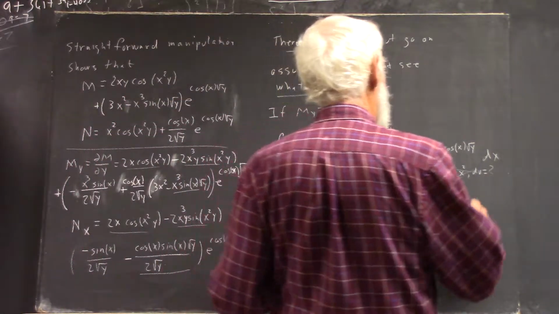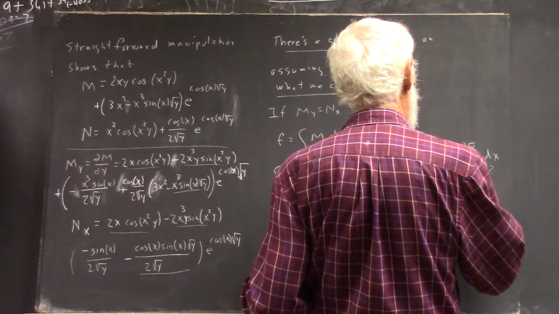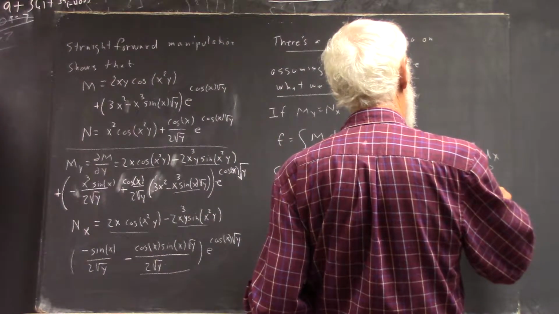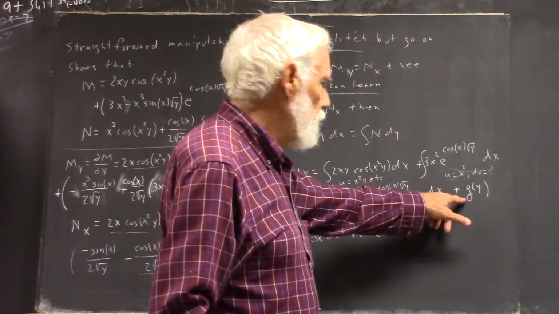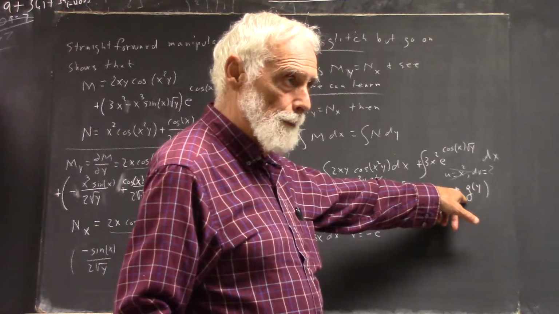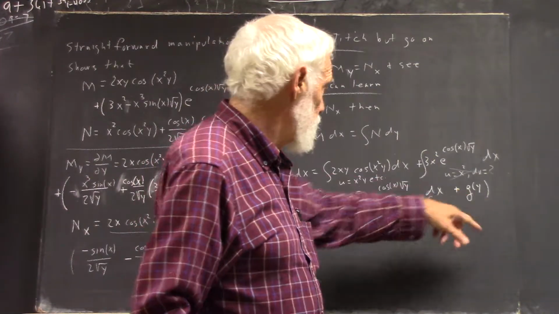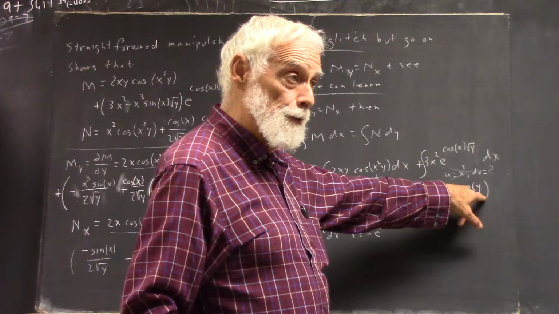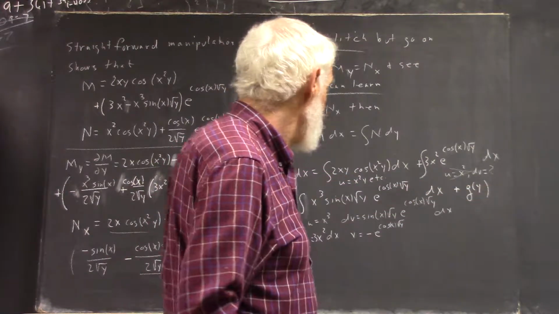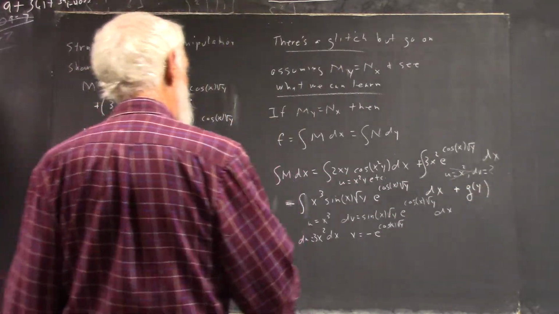And then this is going to be plus an integration constant that I'll put in here before I do the integration so I don't have to worry about it. But the integration constant, when you're integrating with respect to x, any function of y is constant. Okay? So we came up with a good one here.